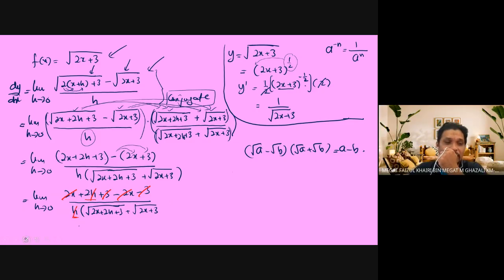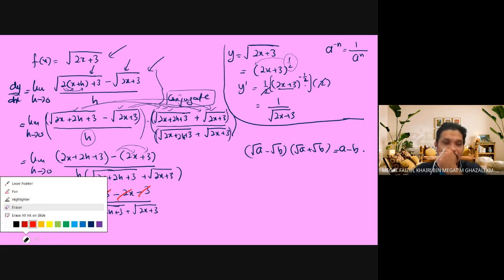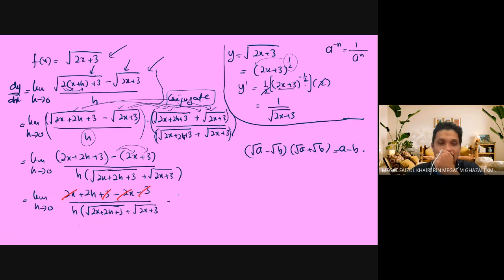If you think that my explanation is not very clear to you, never mind, I'll rewrite this. Limit of h approaching 0 of 2h divided by h times the square root of 2x plus 2h plus 3, plus the square root of 2x plus 3.